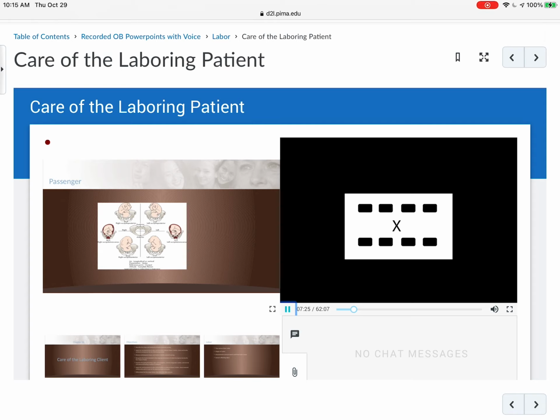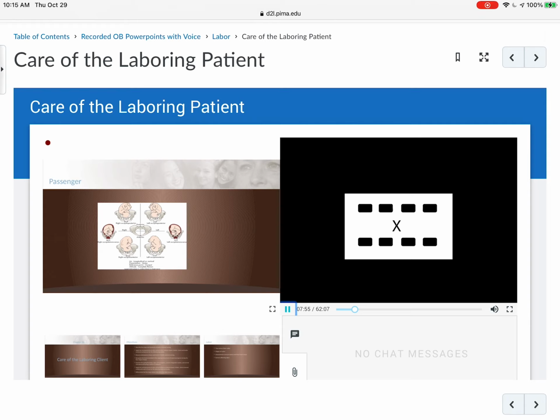Looking here, these positions are kind of interesting. When we talk about ROA versus ROT and ROP, you can see that there are three letters here. On this particular one, it says ROA versus LOA. When we talk about the passenger and the position of the baby, on the ROA, the R just means that if you look at the baby's back, the back is on mom's right side.